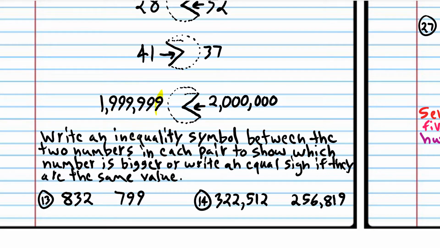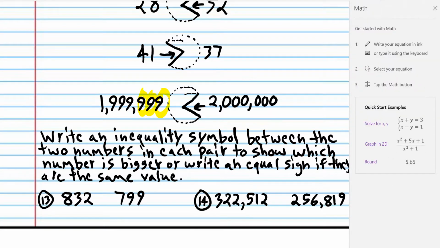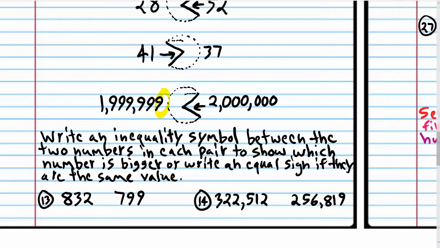So on this number you have 9 plus 90 plus 900 plus 9,000 plus 90,000 plus 900,000 and plus 1 million. But this number, you have all of those numbers all added up plus 1 to 2 million. So if you're not getting this, that's okay. We're going to do some practice problems.